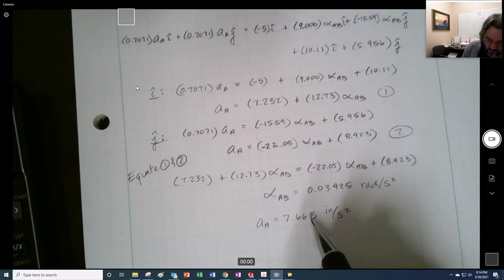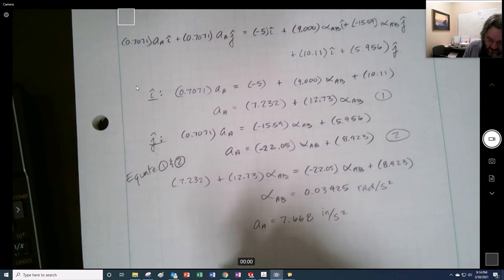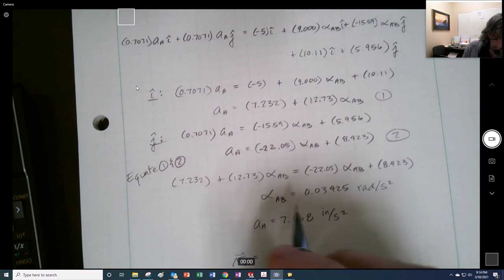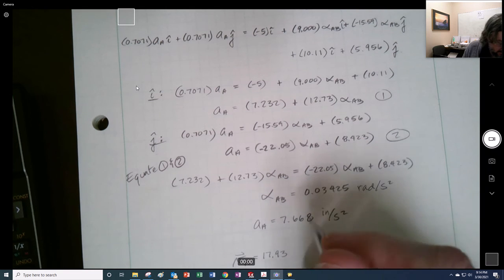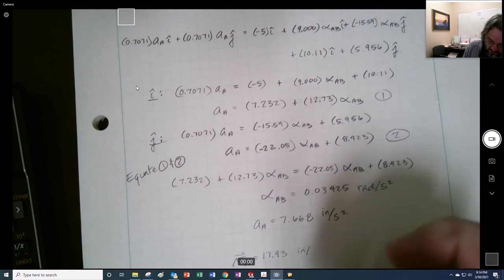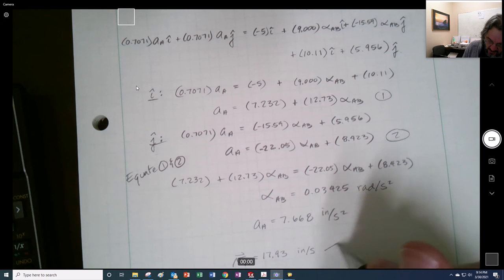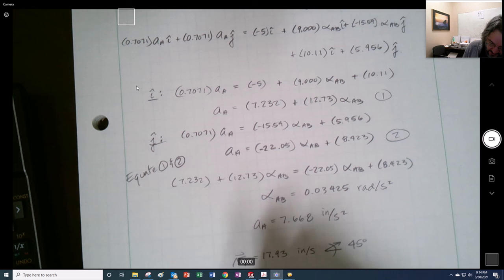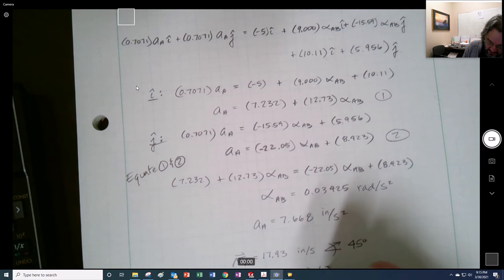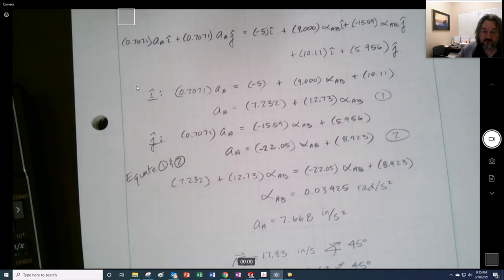So what we can say here is that the velocity of A is equal to 17.93 inches per second, and then 45 degrees. And acceleration of A is equal to 7.668 inches per second squared, also at 45 degrees.